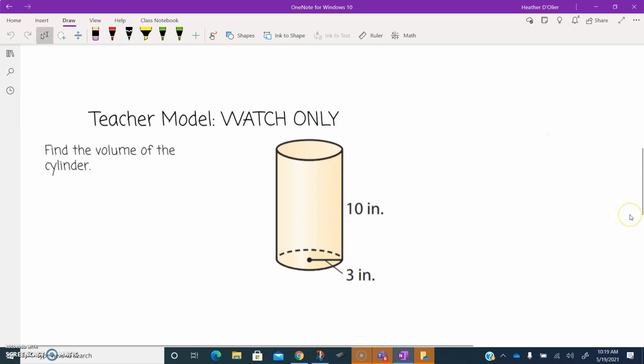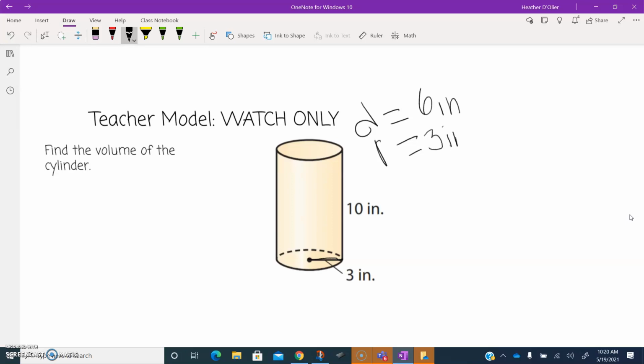So I'm looking here at this example. They gave me the radius, so my radius equals 3. It's good practice to say that that means my diameter is 6. So I'm getting the area of the circle. That's pi r squared. So I'm doing 3.14 times 3 squared, times 3 times 3.